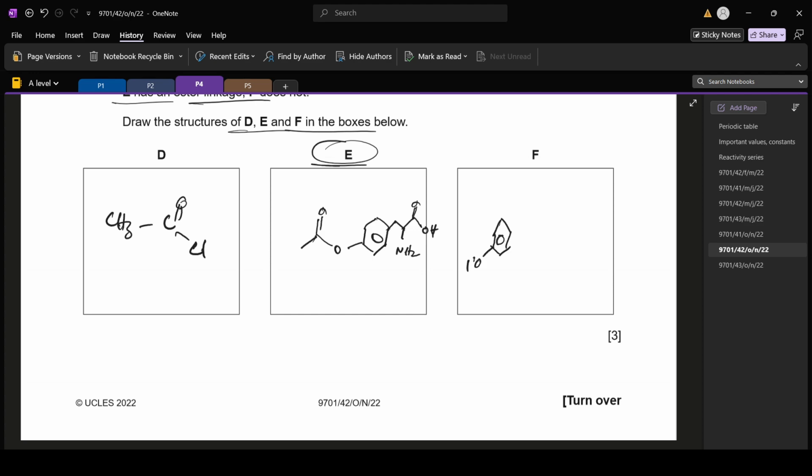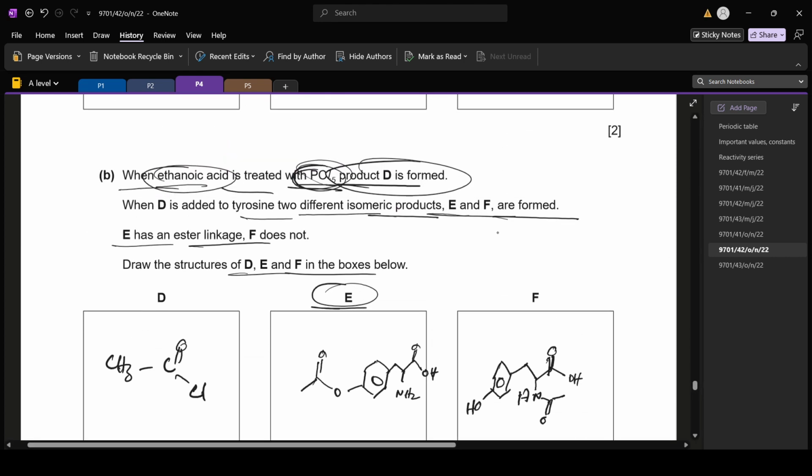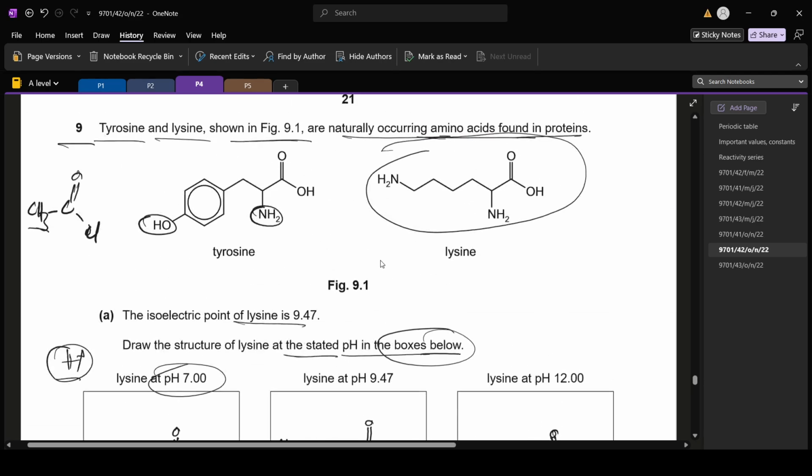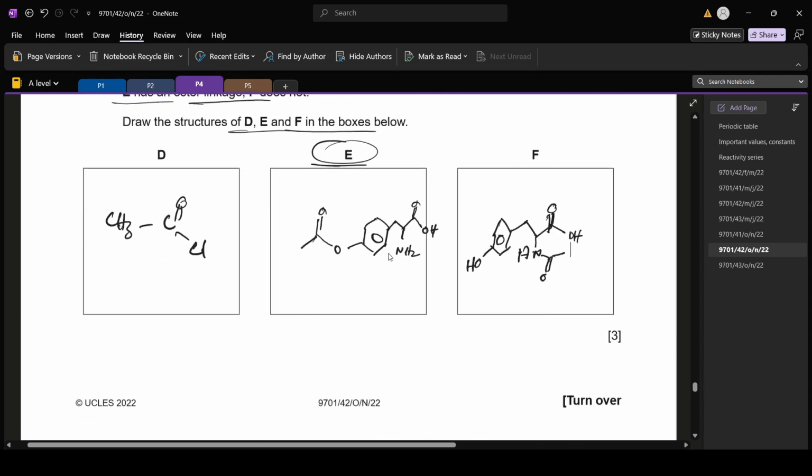So it must be like this. Like this. Okay, like this. So these are your structures for E and F. Okay. Now moving towards next part.